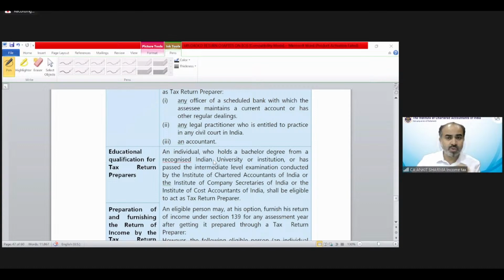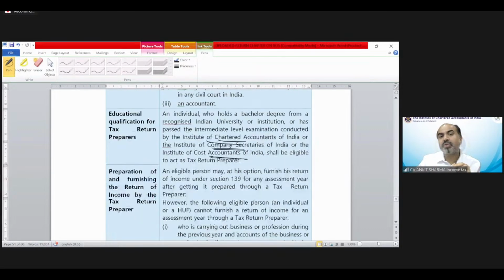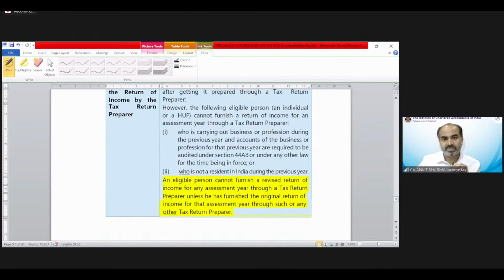An individual who holds a bachelor degree from a recognized Indian university or institute, or has passed any intermediate level examination conducted by the Institute of Chartered Accountants, company secretary or cost accountant. This is the educational qualification. You must have a bachelor degree, that means you must be a graduate, or you have passed your intermediate level of CA, CS, or cost accountant institute, then you could also be a TRP.